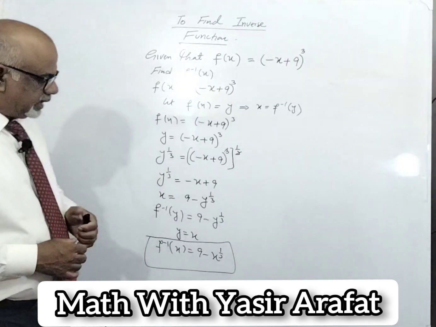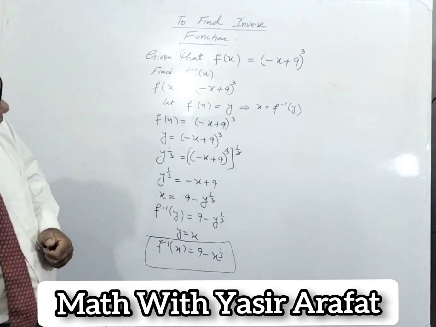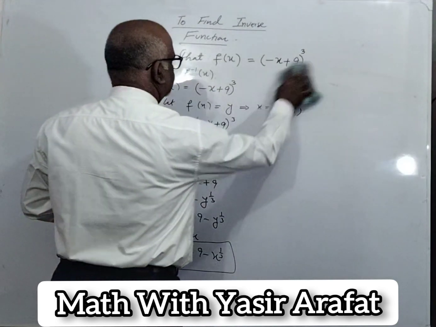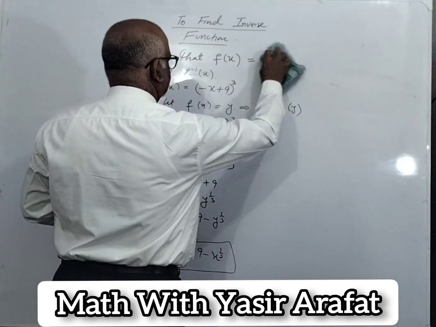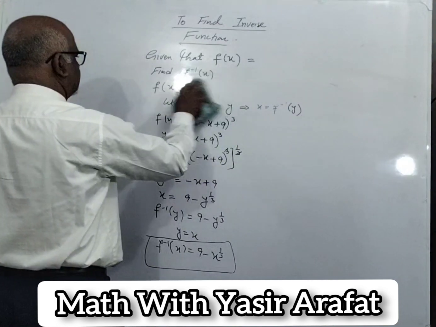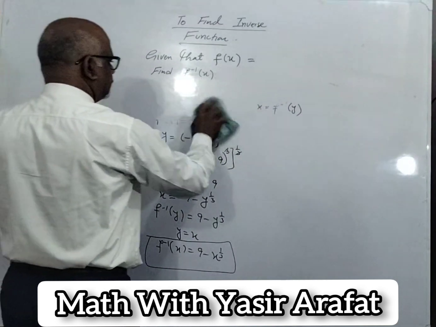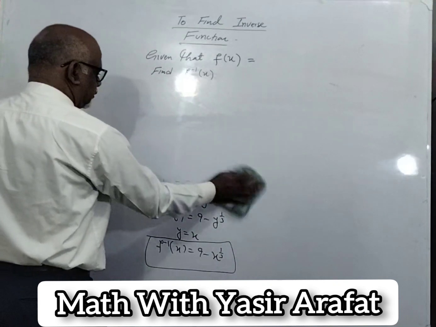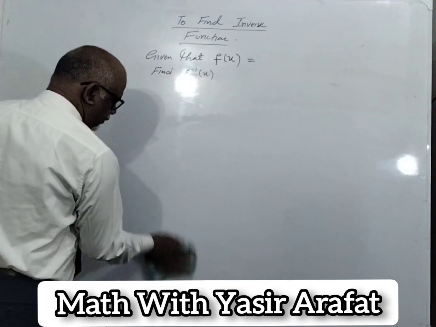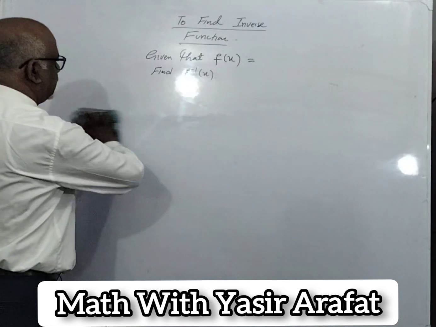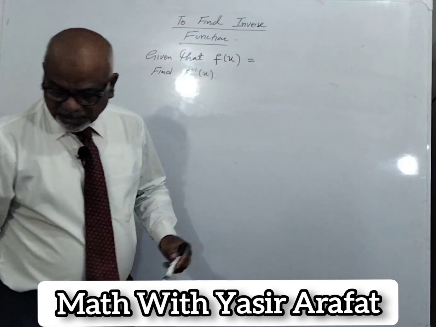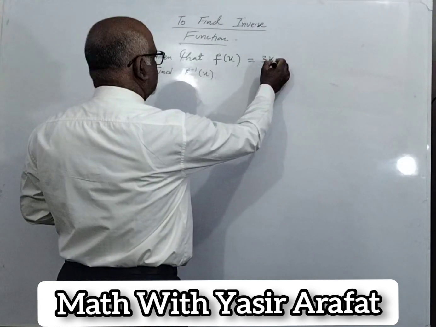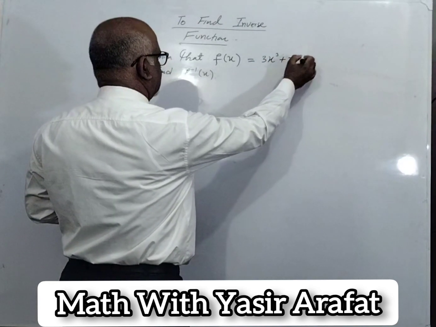Now we have to discuss another question here, that is f of x equals 3x cube plus 7.